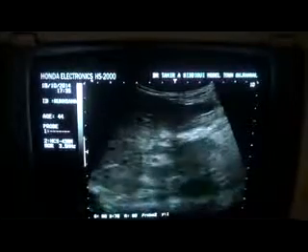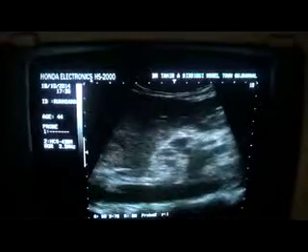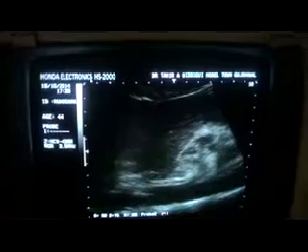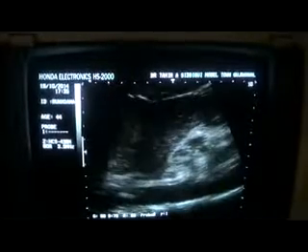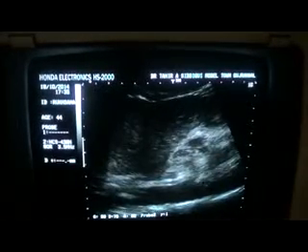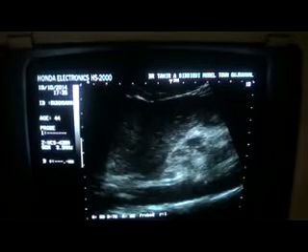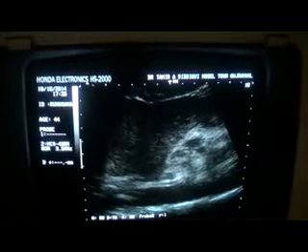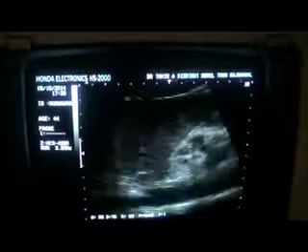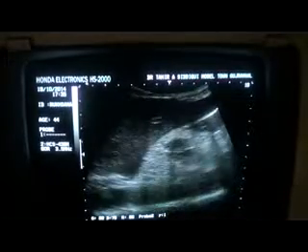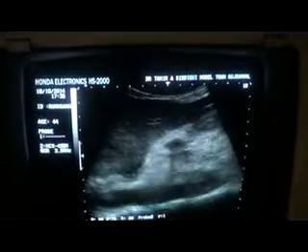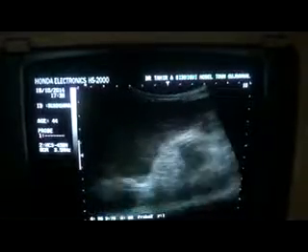From that region, one gets a better view. This is the superior mesenteric artery, this is the celiac axis, and can we see the head of the pancreas?